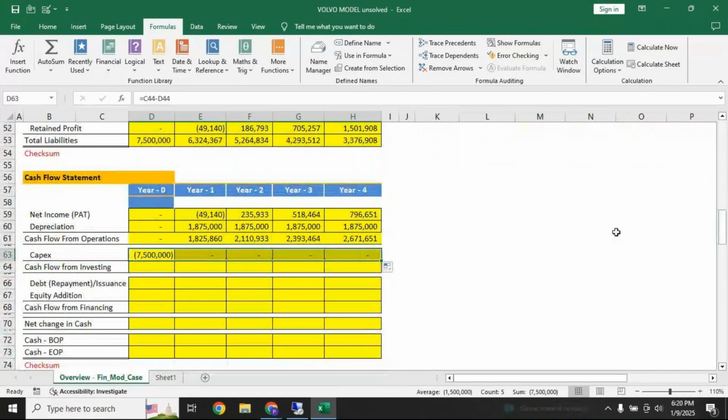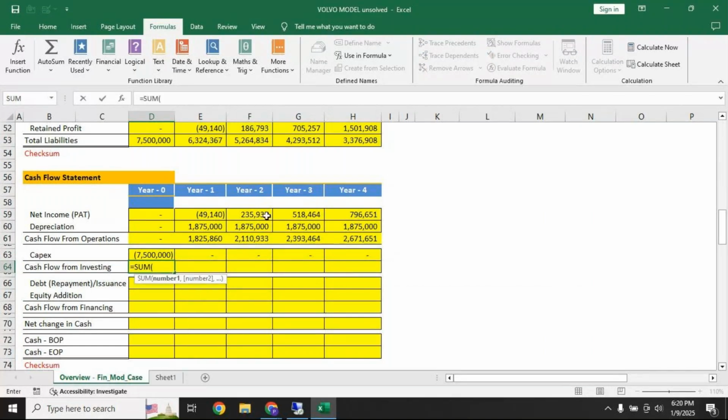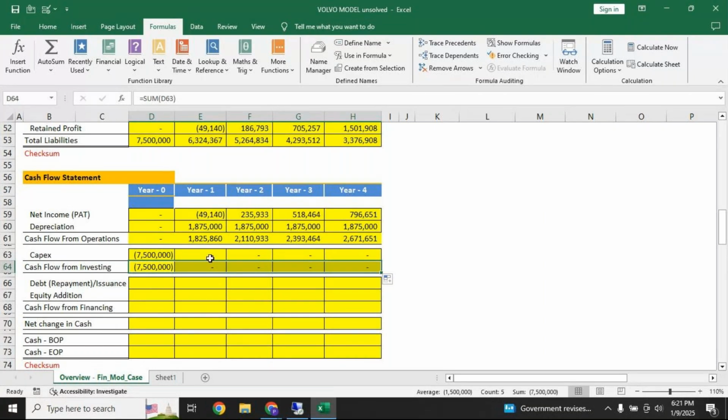Then cash flow from investing. I'm going to take this value. Then debt repayment. How much have we repaid the debt amount?